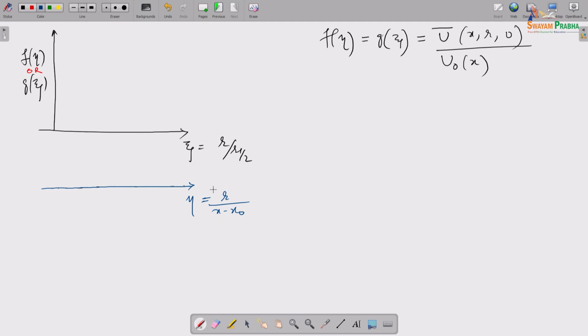Okay, and we found out that you could actually have a plot something like that, where this one is 1, this one is 0.5, and this is of course 0.